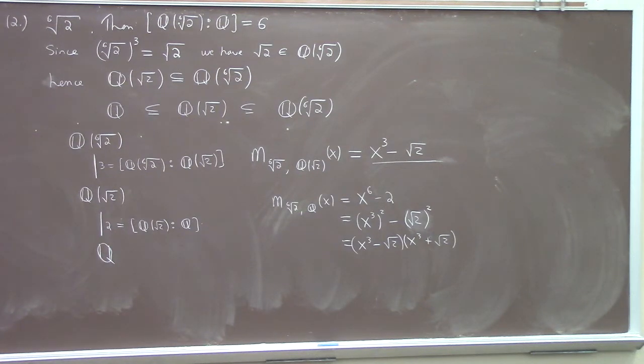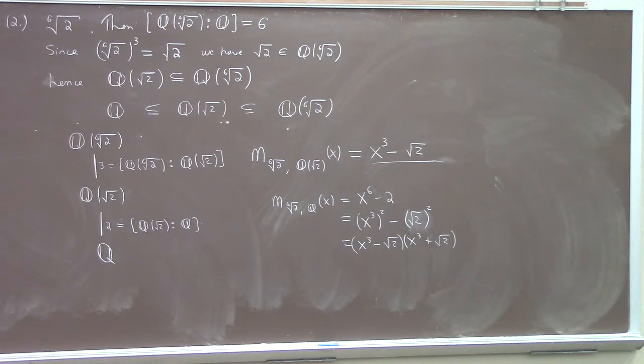So, definition. An extension K over F is finitely generated if there exist alpha 1, alpha 2, through alpha k such that K is equal to F(alpha 1, alpha 2, ..., alpha k).